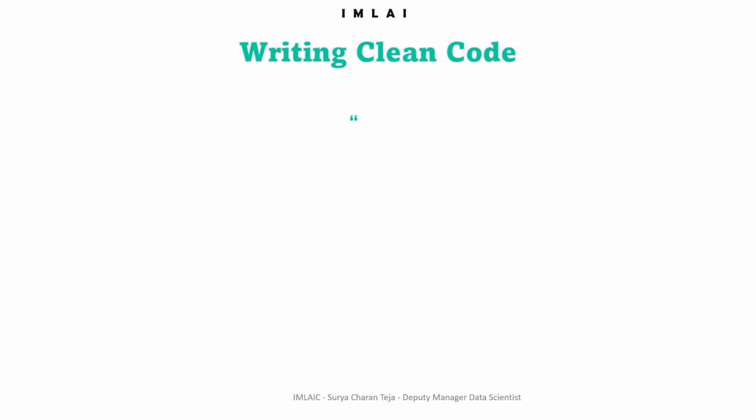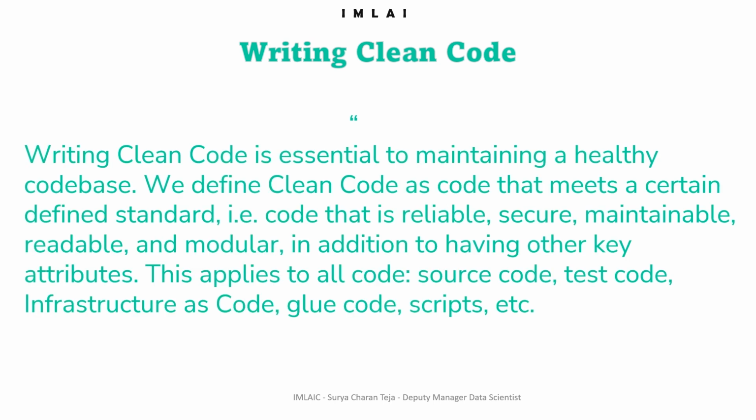So we define clean code as code that meets a certain defined standard. The first parameter under that is code that is reliable, code that is secure, code that is maintainable, code that is readable, and code that is modular.